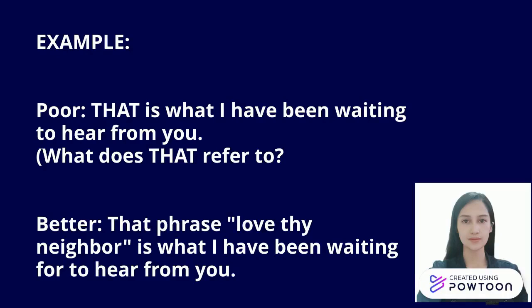But the question is, what does that refer to? So, in order to be understood properly, a better sentence would be, that praised love thy neighbor is what I have been waiting to hear from you.